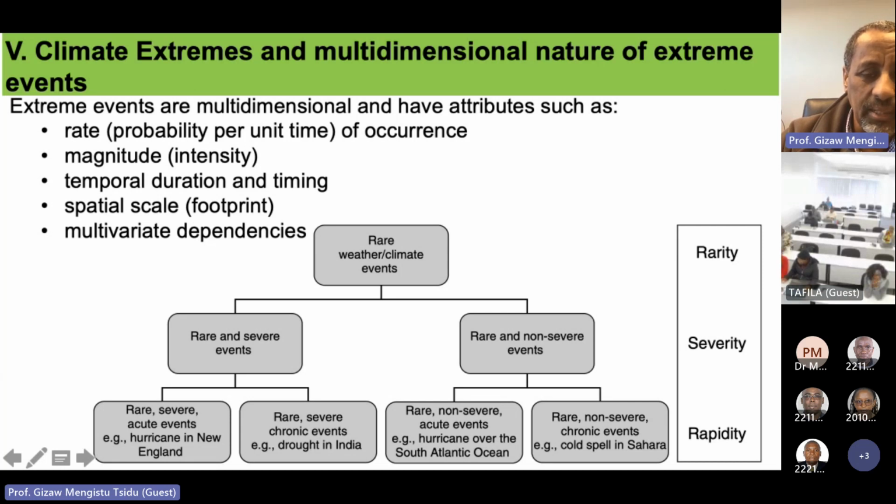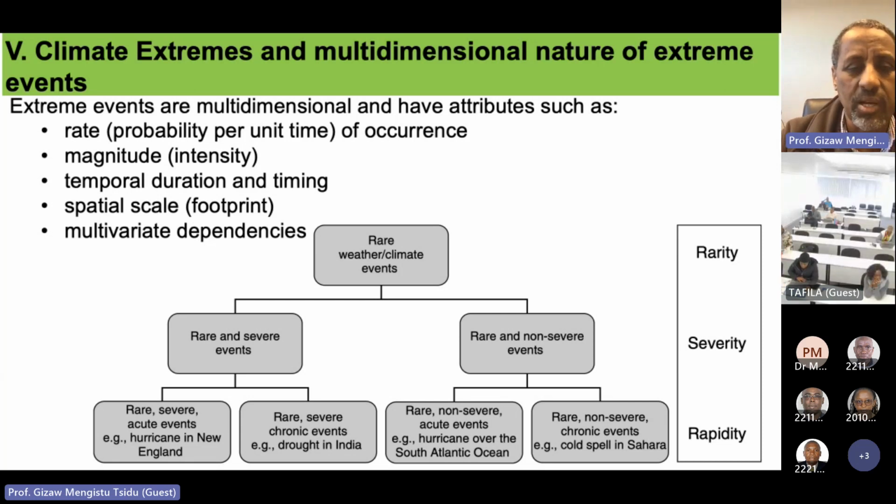If you want to really provide a probabilistic forecast of an extreme event, you need to ask what is the probability of an extreme event or climate event coming, let's say, every 10 years with a magnitude less than this one, with a duration of lasting this much time, with an area covering this much, and so on.